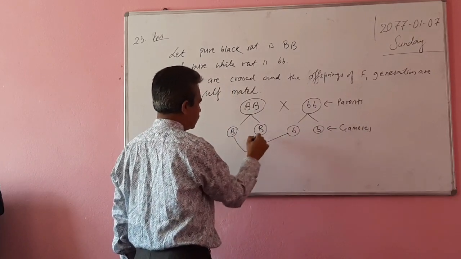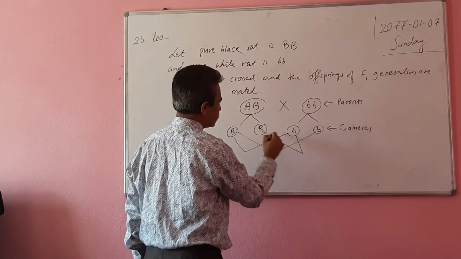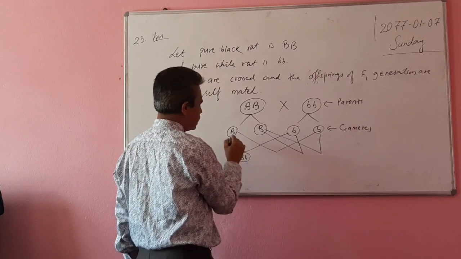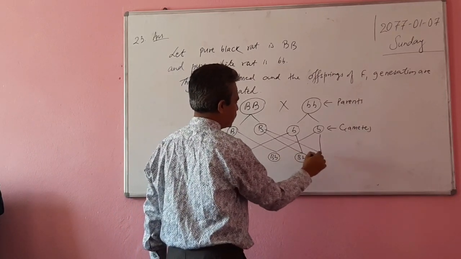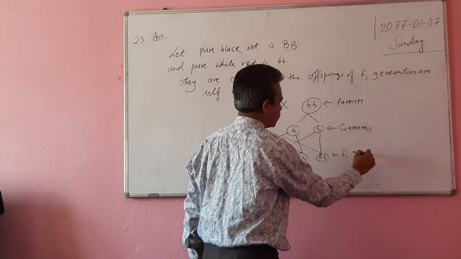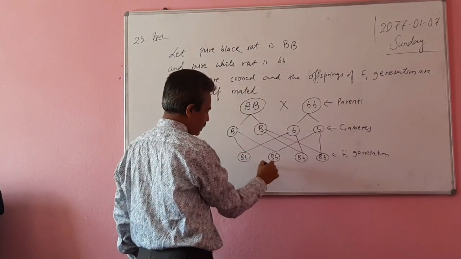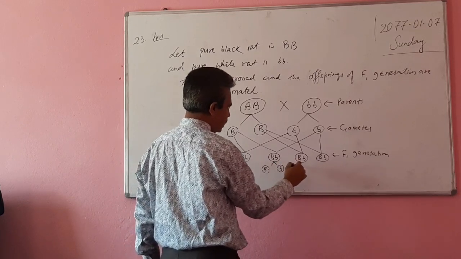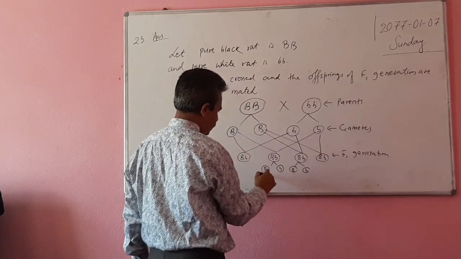B goes with b, B goes with b, giving capital B, small b. So here all the offspring are of similar phenotype and similar genotype. There is no difference. This is the F1 generation. Students, let me do it here only, then it will be easy. Capital B, small b, these are the gametes. This is self-mating.